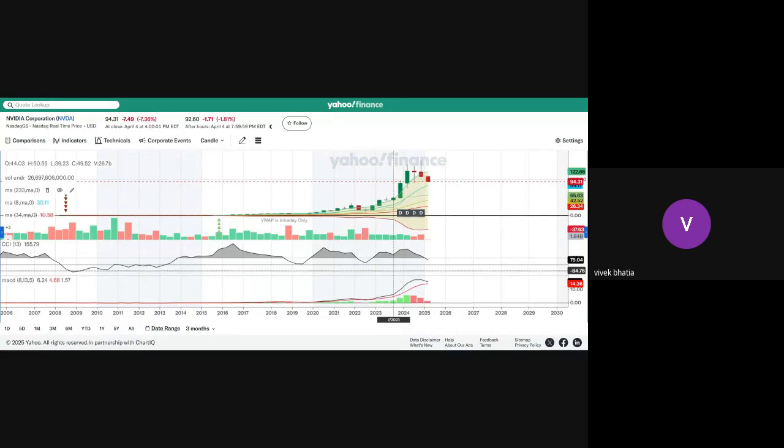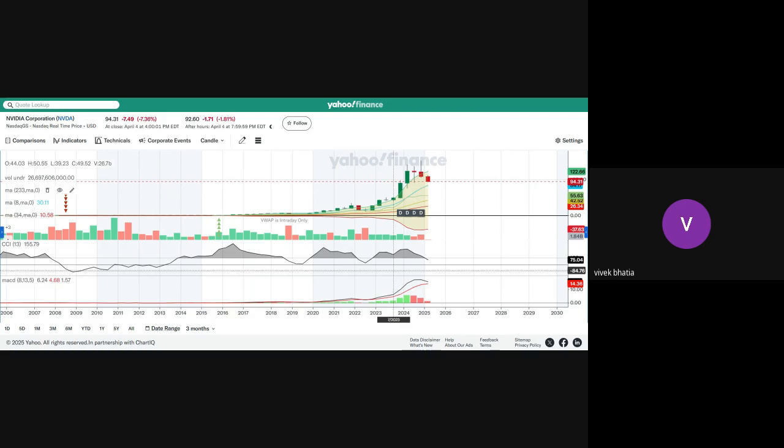Because Taiwan may not be able to supply chips and semiconductors that freely. So NVDA may benefit, which is why I would be a buyer if I see a green candle over here.